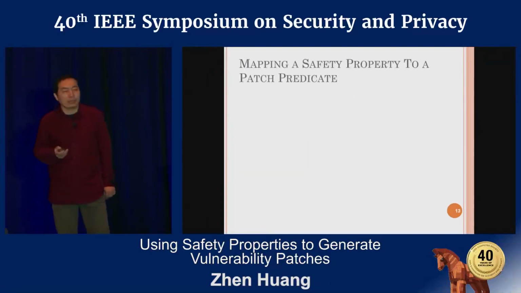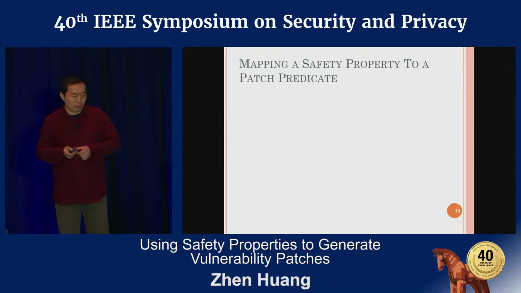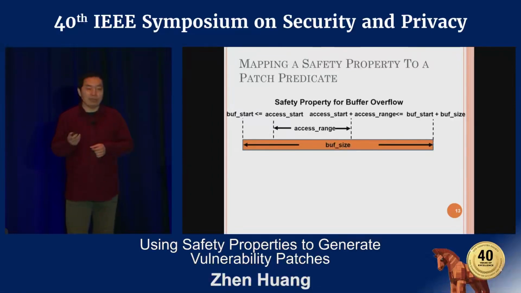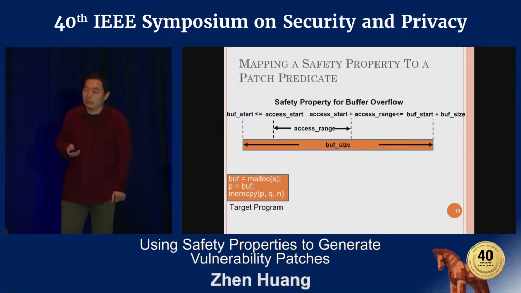To generate a patch, SYNCs maps a safety property to a patch predicate consisting of program expressions available in the code of a target program. For one given safety property, the code of a target program, and an input to trigger the vulnerability, SYNCs executes the target code, observes where the safety property is violated, and maps the safety property to a patch predicate.